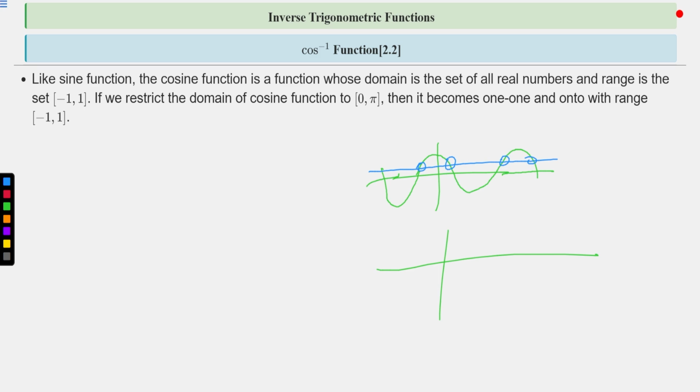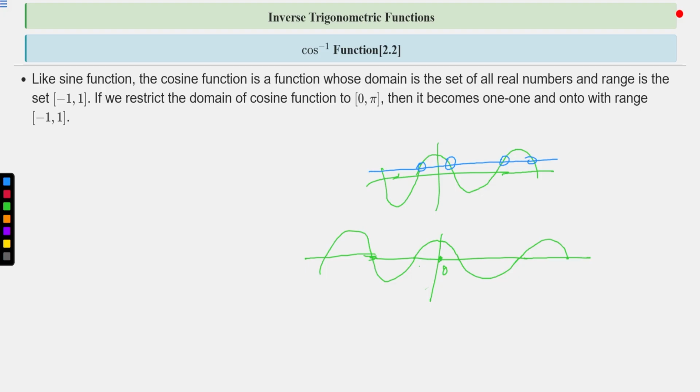But when you restrict the domain, that is from 0 to pi, suppose we have restricted the domain from 0 to pi like that.